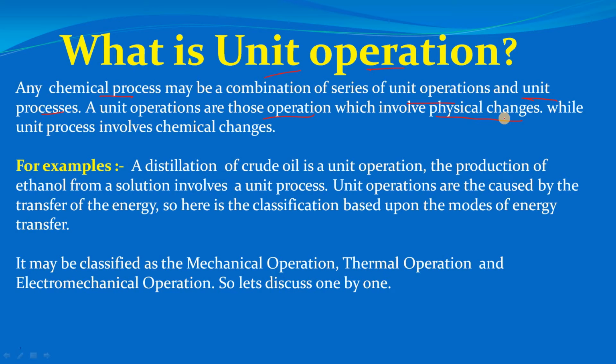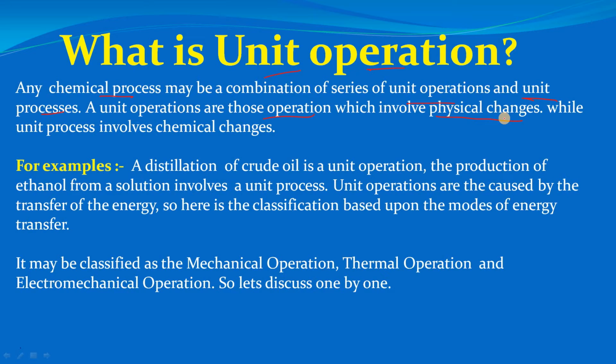What does that mean? Here you can simply see that one thing is converted into another. Like if I talk about distillation, distillation is an example of unit operation where the liquid mixture, crude oil, right? Crude oil is converted into LPG, petrol, naphtha, kerosene, lubricating oil.